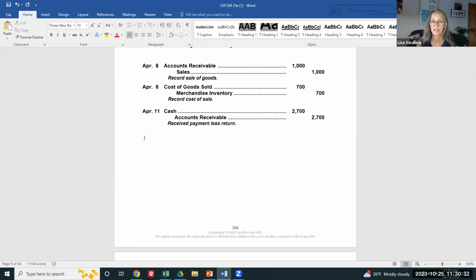So again, say this is my income statement for my grocery broker business. So the top of the income statement is now going to say sales revenue, but I have to subtract 2 contra revenue accounts from that.